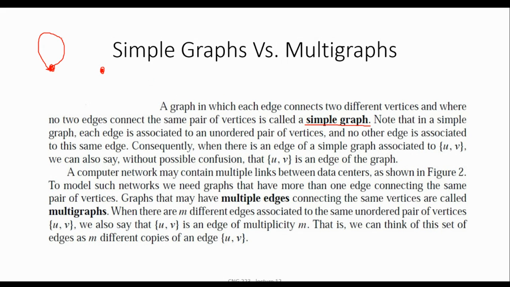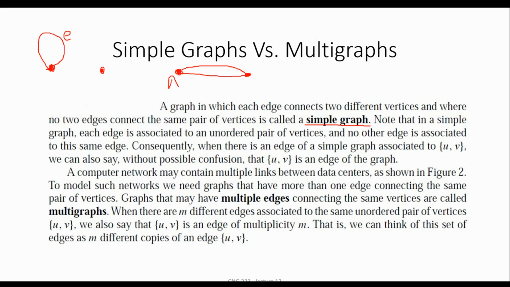By loop, I mean an edge that connects a vertex to itself. The other thing about simple graphs is that it's not possible to have two different edges from one vertex to another.